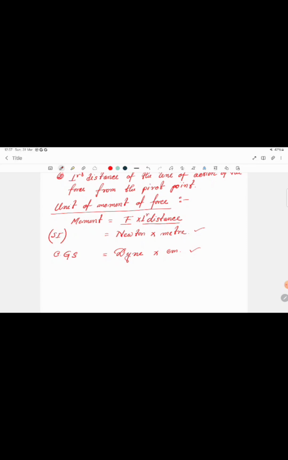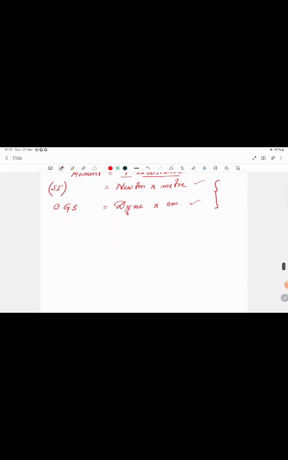Now there is one relation between Newton meter and dyne centimeter. One question can come: 1 Newton meter equals how much dyne centimeter?